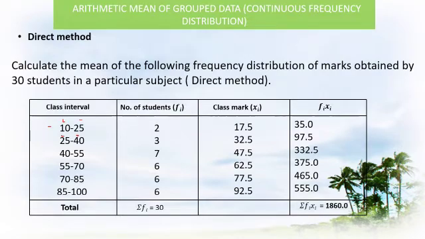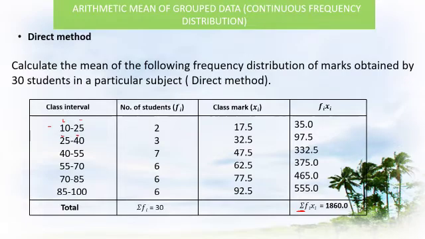Now we add all these numbers. If we add, we will get 1860. Here we denote the sum using a notation known as sigma.